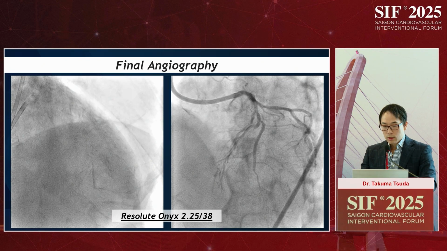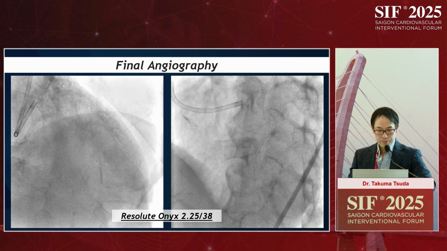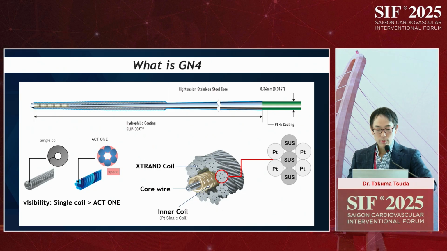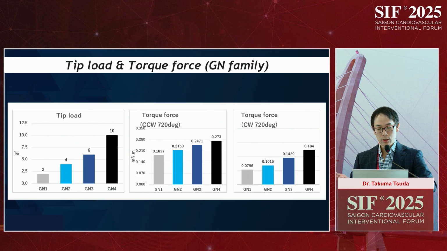So as you know, the Gynex 4 is still only available in Japan, but the extra coil is very good for torque force, creating better torque force than the Gynex 3 or Gynex 1 or Gynex 2 or something.